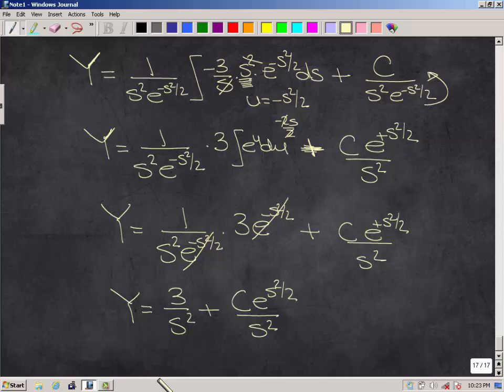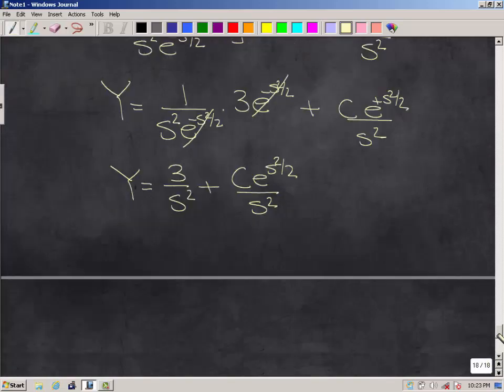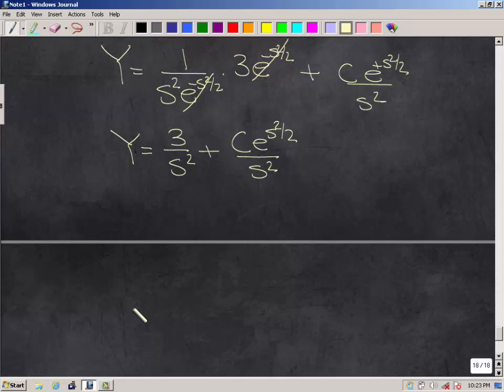Now I'm going to do inverse Laplace, but before I do that, I want you to remember one very important thing. There was a property that I gave you in section 7.3, you can look at it, which stated that if you take the limit as s goes to infinity of big Y, you should always get 0.